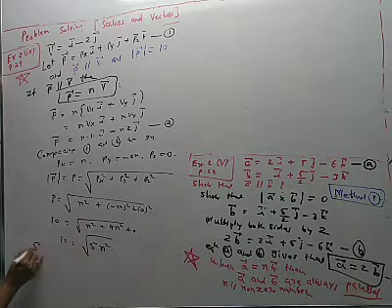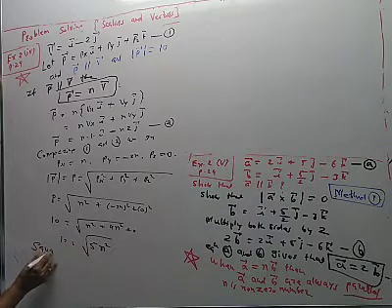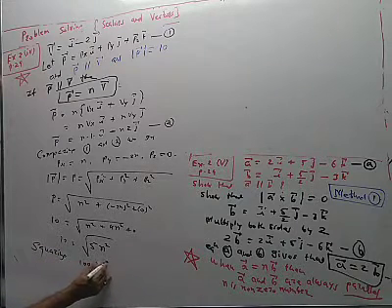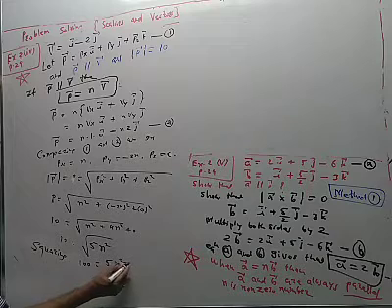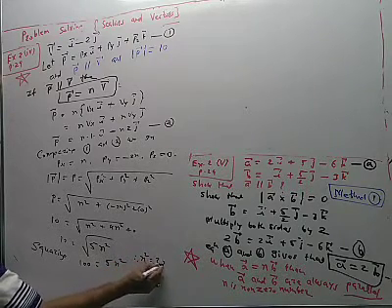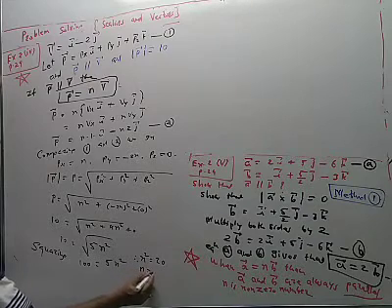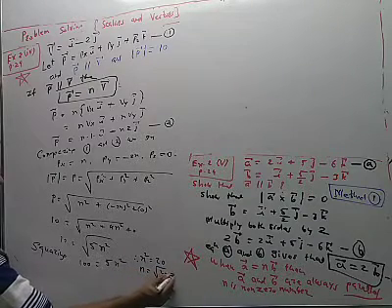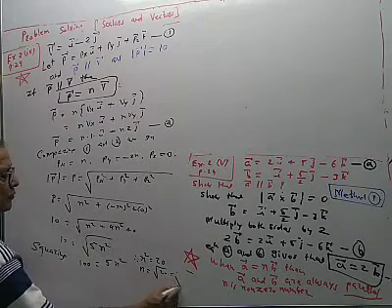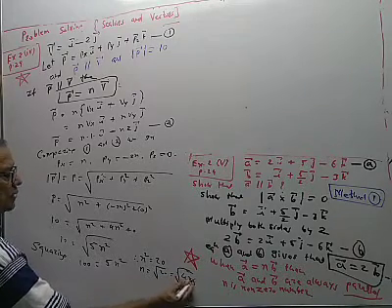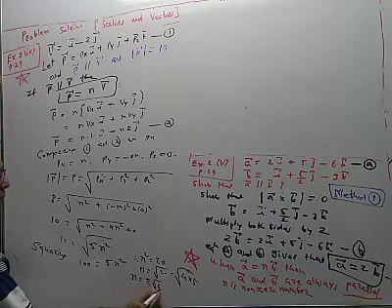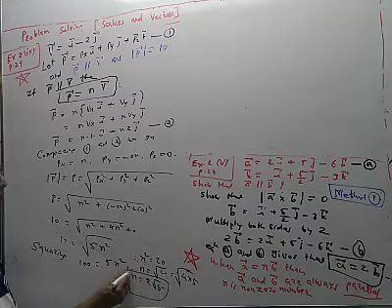Squaring both the sides, 100 is equal to 5 times n square, and therefore n square is equal to 20, n is equal to root 20. 20 is written as 4 multiplied by 5, and therefore n is equal to 2 root 5. So we know the value of n.